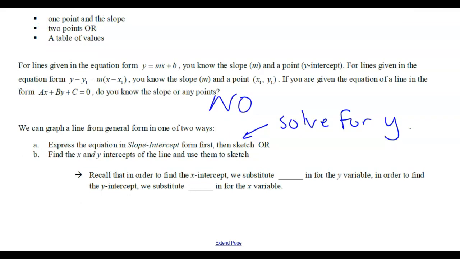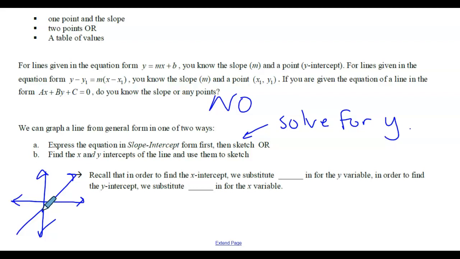So, reminder what the x-intercept is. I already showed you on a graph. If that's our x and y axis, and we've got a line going, then this is our x-intercept. This here is our y-intercept.